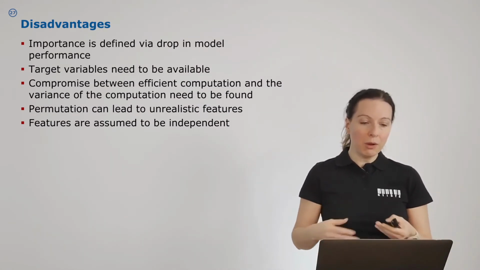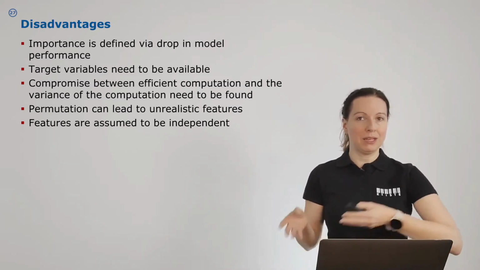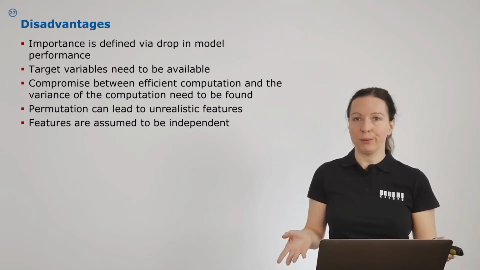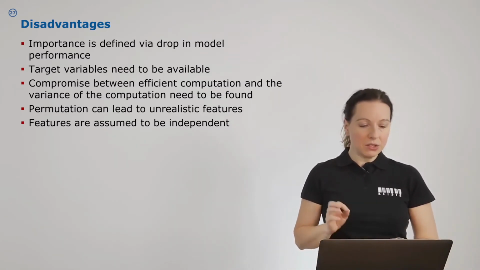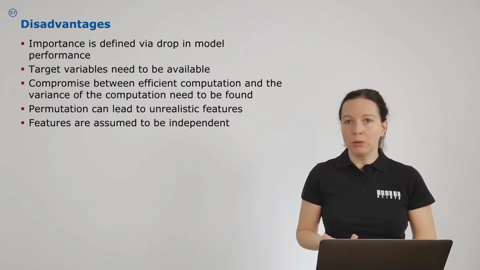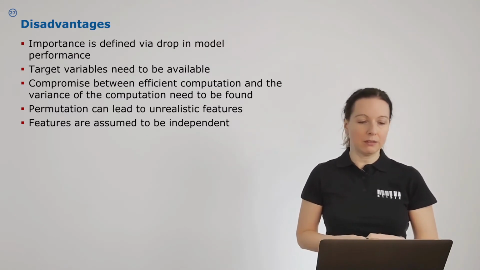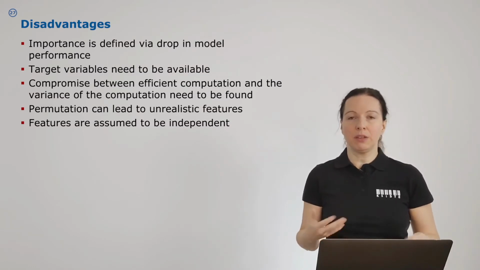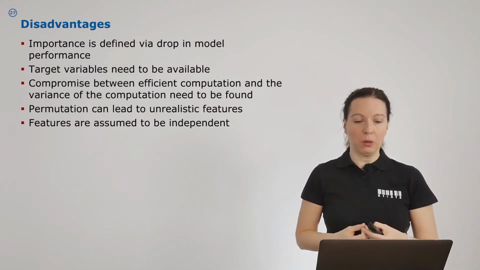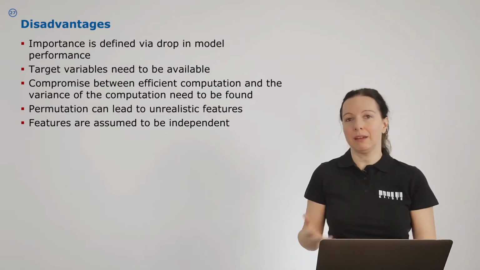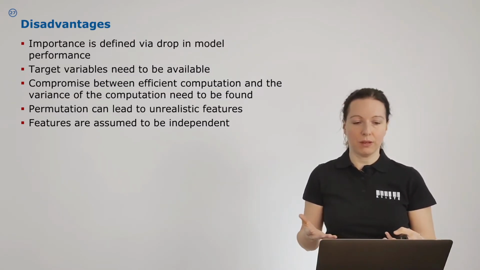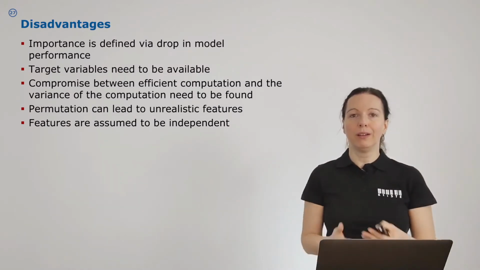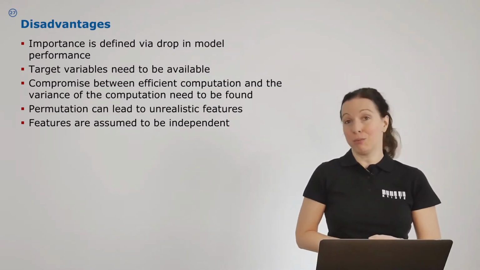So you need to find a compromise between an efficient computation and the variance. There's not a good rule of thumb, but it depends on the variability of the data set, for example. So you need to decide how much you actually compute from the whole possibilities of permutations.